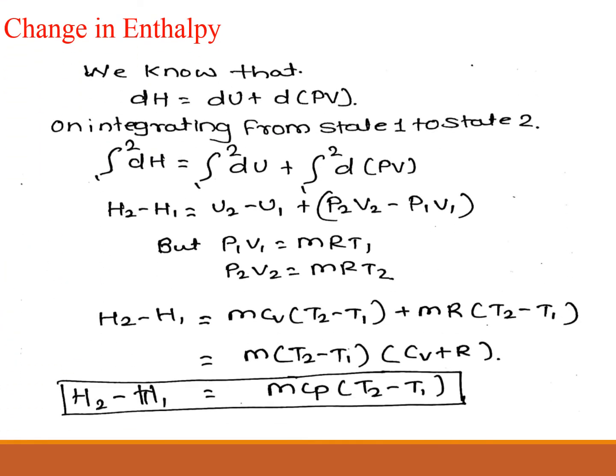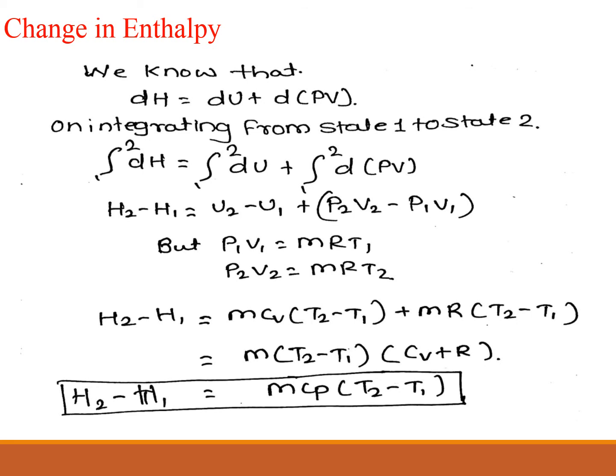Change in enthalpy. Enthalpy is equal to internal energy plus flow work. But flow work is equal to the product of pressure and volume. So enthalpy is equal to dU plus d(PV). On integrating from state 1 to state 2, we get H2 minus H1 is equal to U2 minus U1 plus P2 V2 minus P1 V1. But P1 V1 is equal to mR T1 and P2 V2 is equal to mR T2.